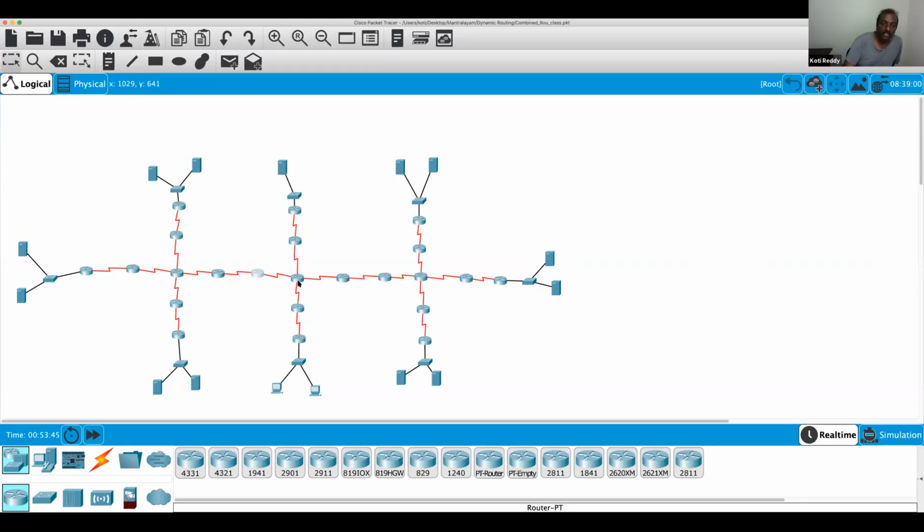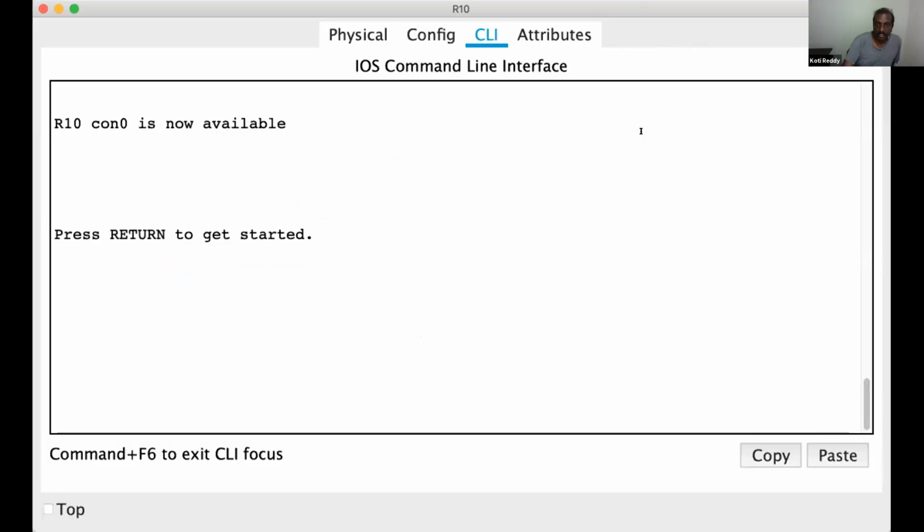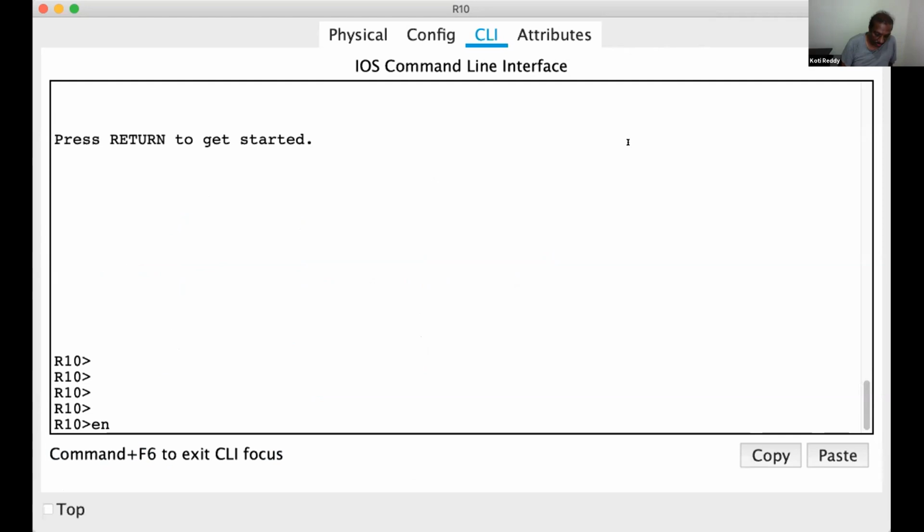I go to the R10 router. In R10, I say enable. I say configure terminal.